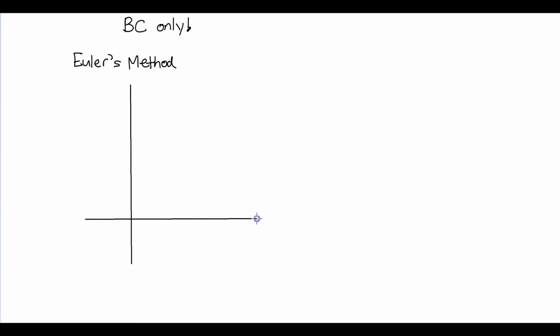So suppose you're given a differential equation with an initial condition. This is the solution. Okay, this is your solution, y equals f of x. And they give you this point.